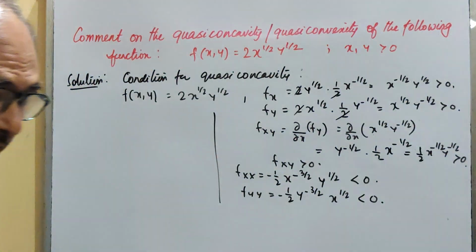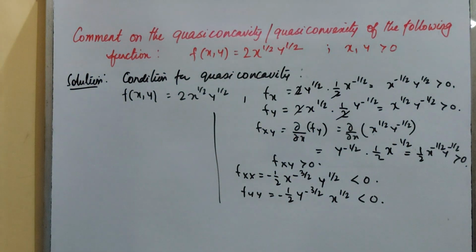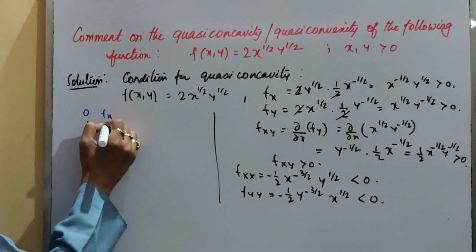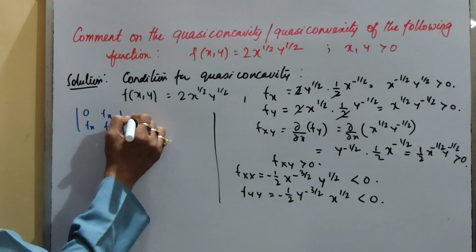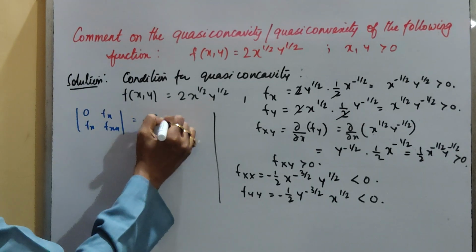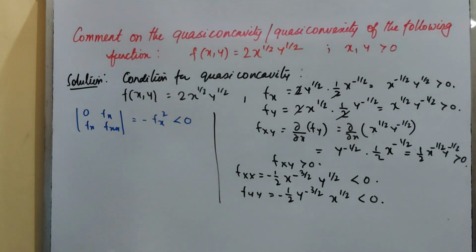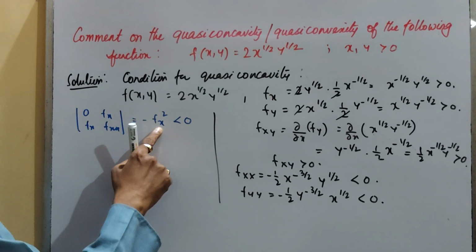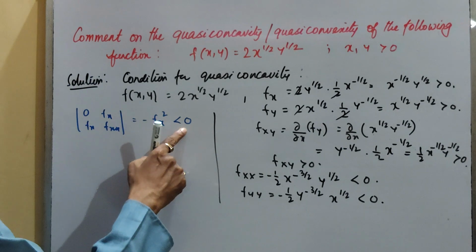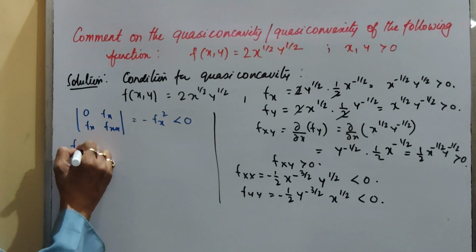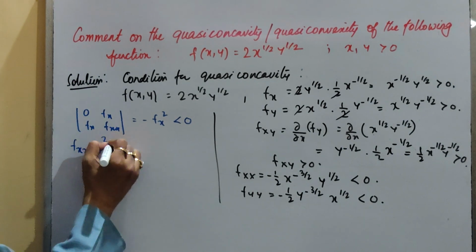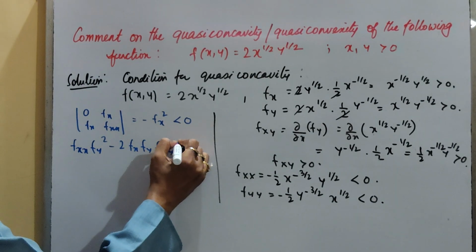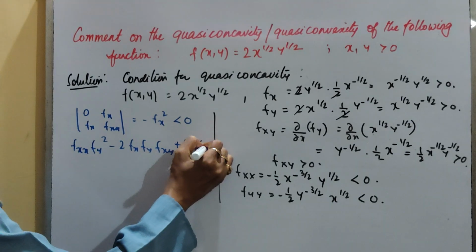Now we check the conditions. The first condition is the determinant 0, fx, fx, fxx, which equals minus fx square, which is negative. Why? Because this is a square term, fx square, and there is a minus sign, therefore it is always negative. Now we check fxx fy square minus 2 fx fy fxy plus fyy fx square.